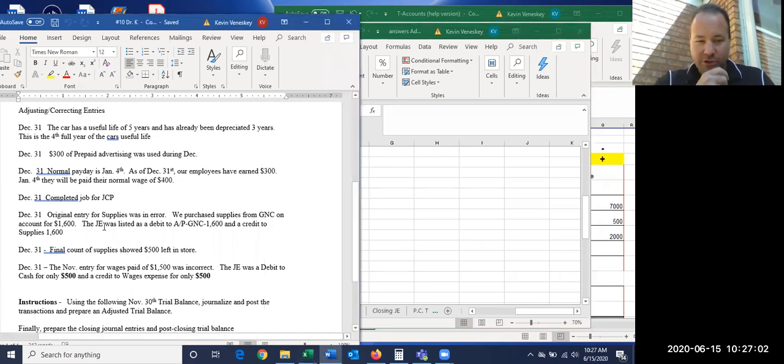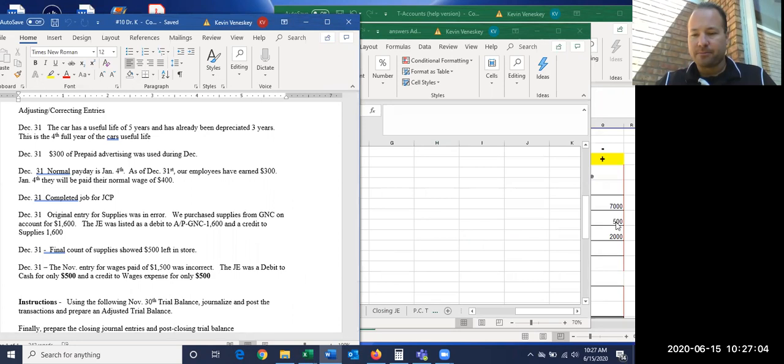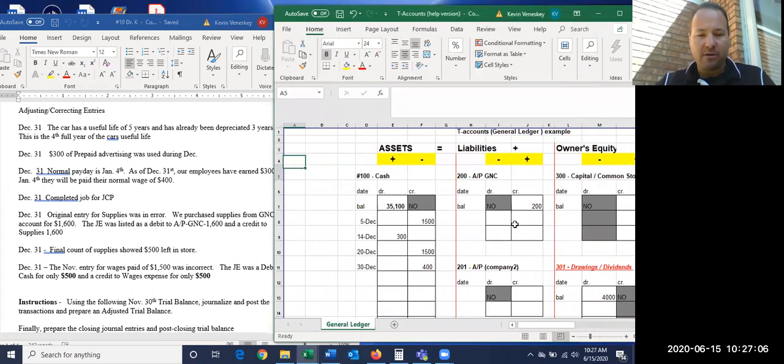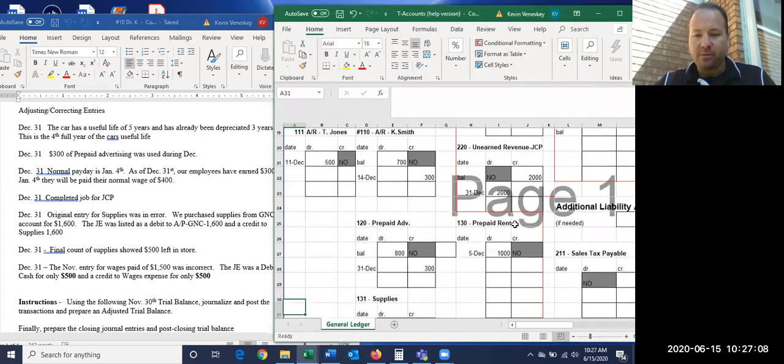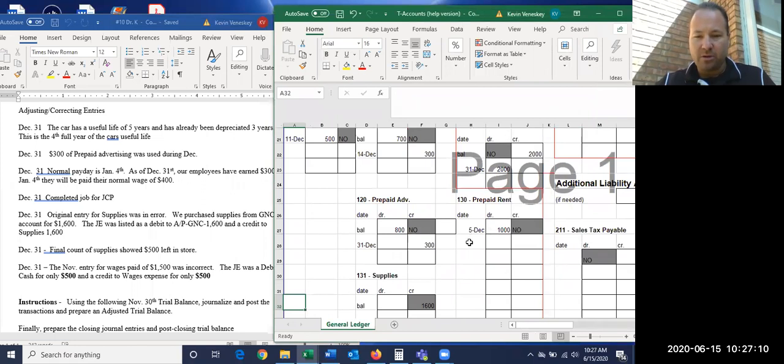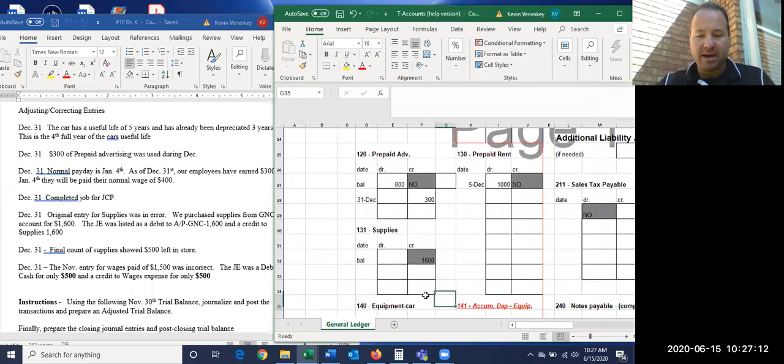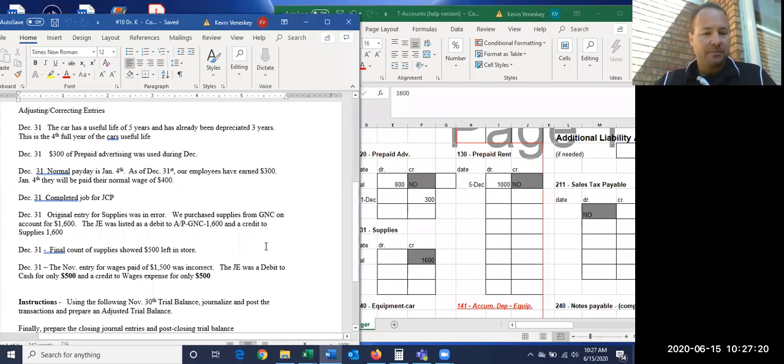So it says the original entry for the supplies was an error. And we go back to our supply account. And remember, we had said to go ahead and put that in the weird spot, even though it's weird. So yes, we know that it's an error. Now we just need to figure out why it's an error and fix it. We purchased supplies from GNC on account for $1,600.